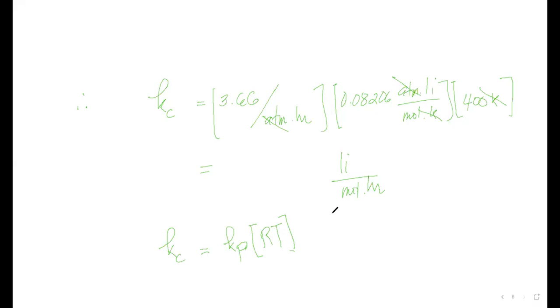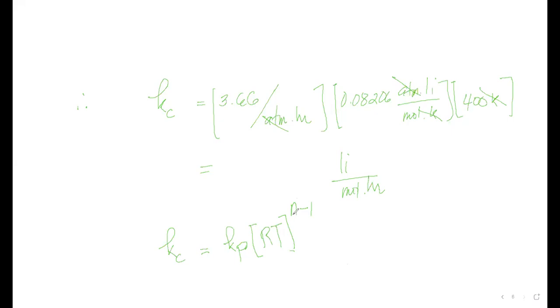How will the N be placed, in the numerator or in the exponent? In the exponent. So you answer your question, Marcel. So KC is equal to KP times RT raised to N minus 1.